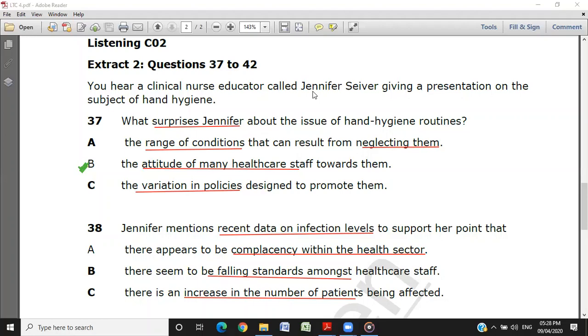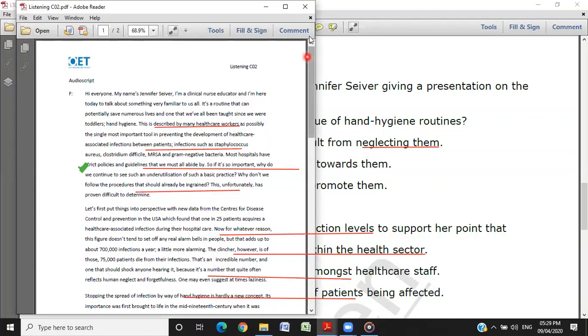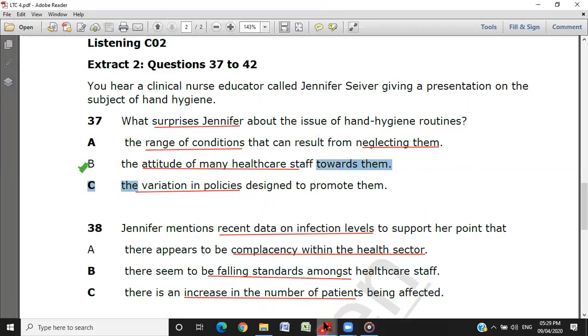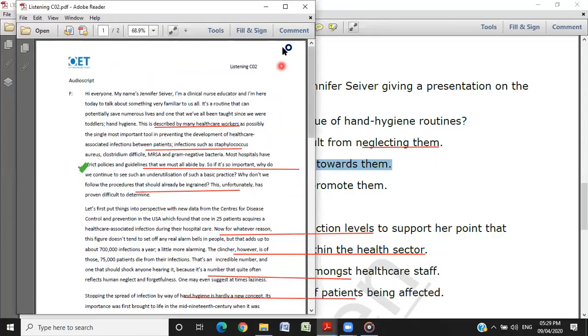And although she did talk about various infections that can be prevented, that was mainly used to highlight how. I'll just bring on the script to help you understand.